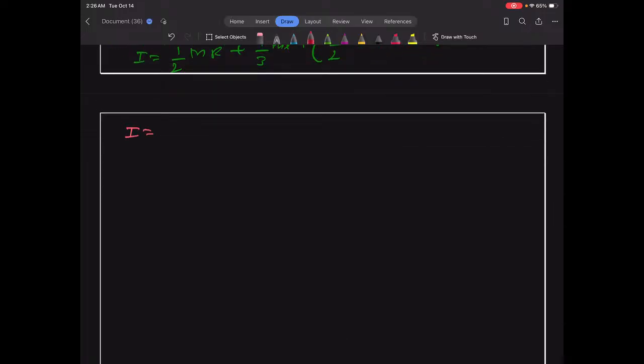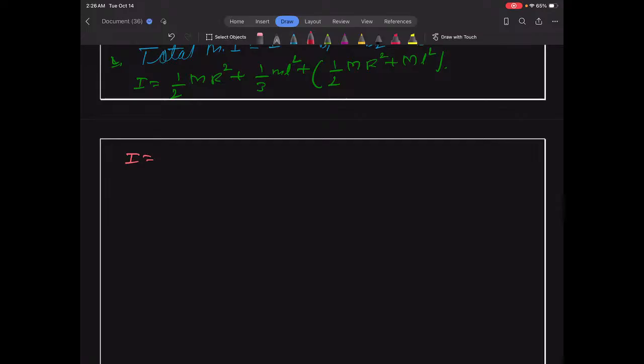Therefore, we get our I: mr square half is going to be mr square. So we have this as mr square plus ml square plus 1 by 3 small m l square.